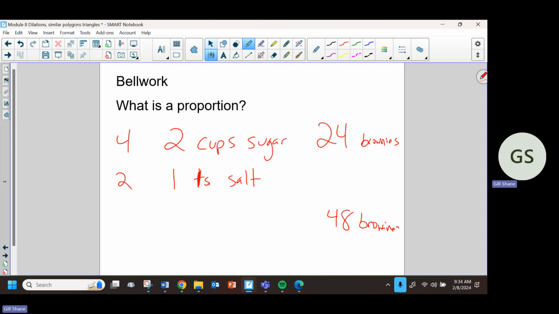And then sometimes you're going to have to do that for every side because the question is going to be, are the 2 images what's called similar? If they're similar, that means every proportion would be the same every time you matched up sides, 3 if it's a triangle, 4 if it's a quadrilateral.